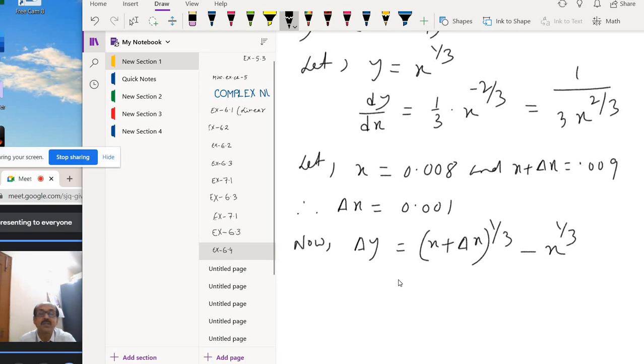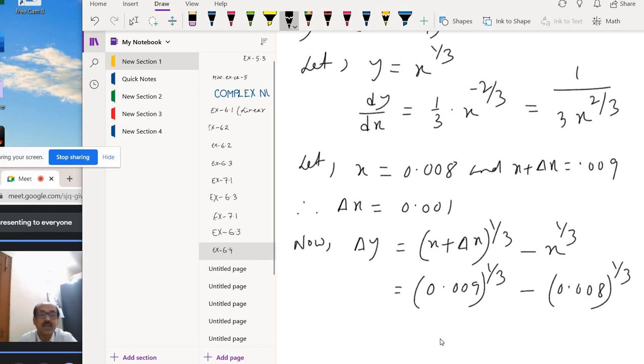This means 0.009 to the power 1/3 minus 0.008 to the power 1/3.